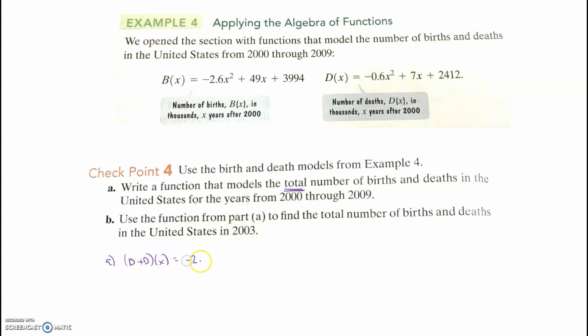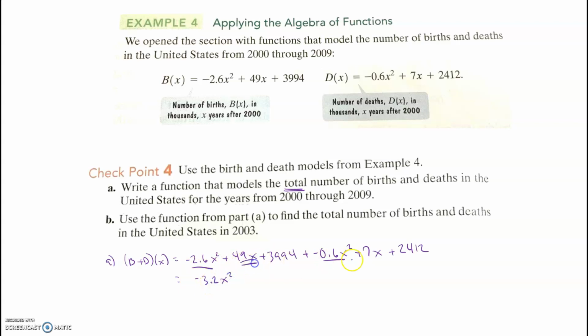So we've got negative 2.6x squared plus 49x plus 3994, and we want to add negative 0.6x squared plus 7x plus 2,412. And we're just going to combine like terms here. So we've got some x squared, so we've got negative 3.2x squared.